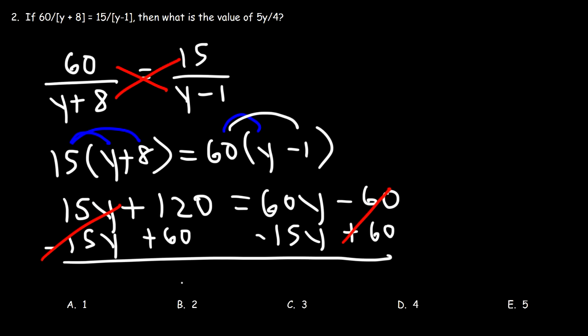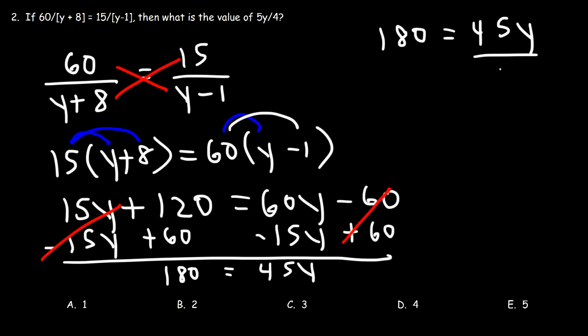So I have 120 plus 60, which is 180, and 60y minus 15y, that's 45y. So what's the last thing I need to do here once I have this expression? I need to get y by itself. So I need to divide both sides by 45. 180 divided by 45 is 4. So y is equal to 4.